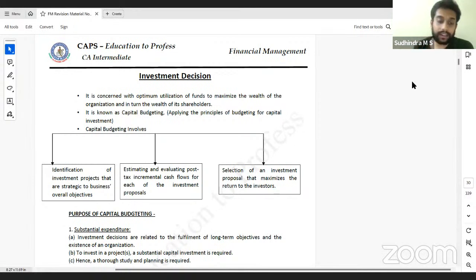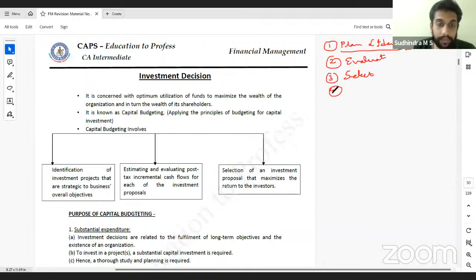So what is there in this capital budgeting? First, we will plan and identify various opportunities, evaluate each opportunity, then select the best possible opportunity based on the benefit that we receive from any of such opportunities, right?